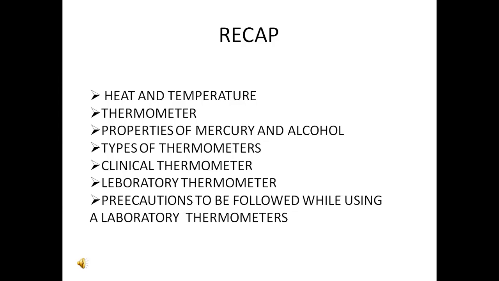Next, the properties of mercury and alcohol, and why we use mercury and alcohol in a thermometer. Next, types of thermometers: clinical thermometer, laboratory thermometer, and precautions to be followed while using laboratory and clinical thermometers.